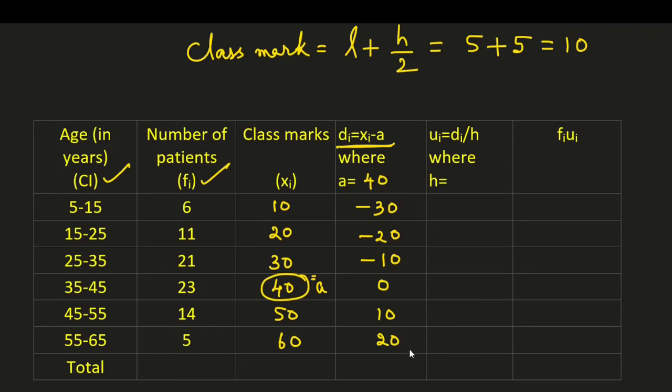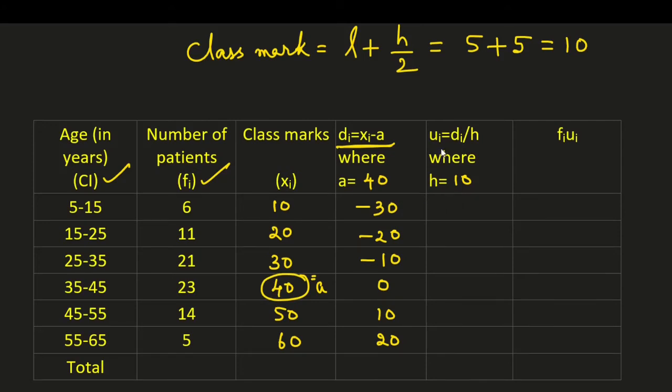By observing the deviations, we find that these deviations are multiples of 10. So we can write step deviations here. Let us take the factor h as 10. All these are multiples of 10.